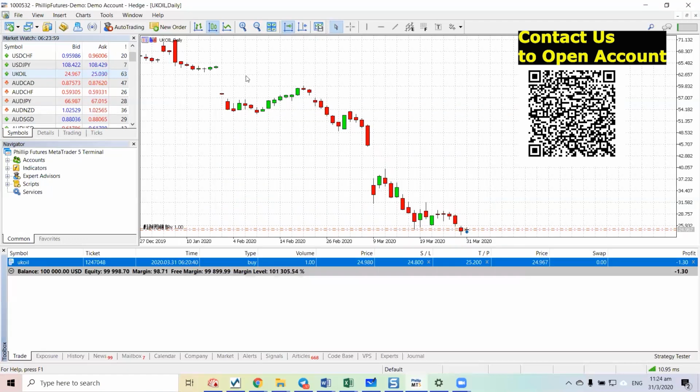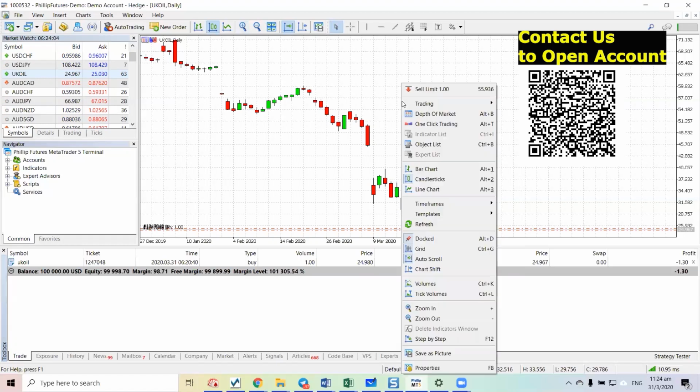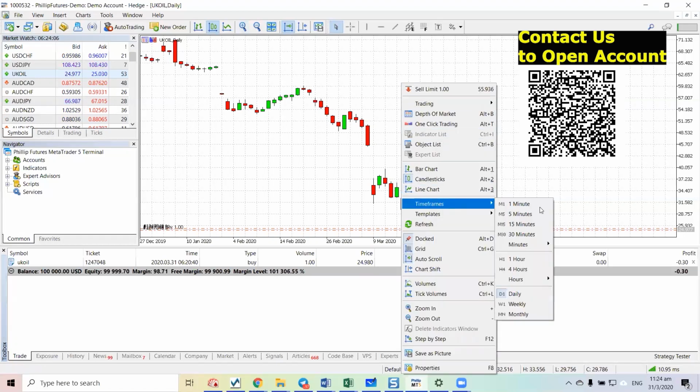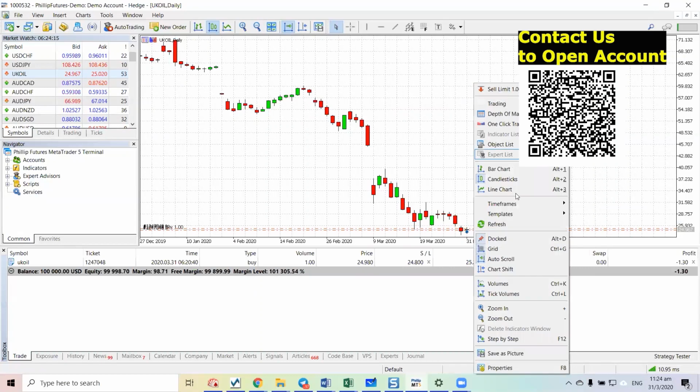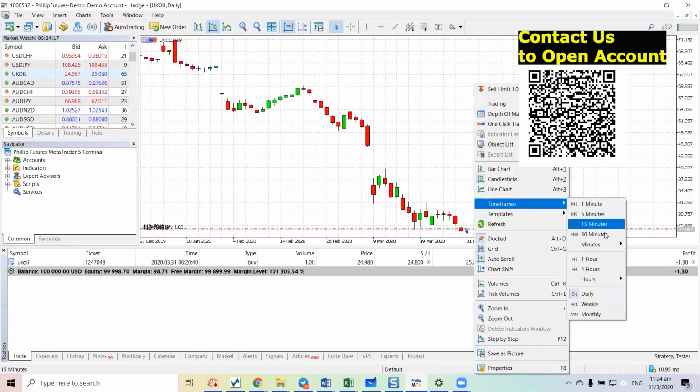Okay, I think this is too small already, so I need to zoom in. Just click on the magnifying glass on top. Or do you mean the chart? Because this time frame is too small, I think. Correct, so we need to change to maybe 30 minutes.